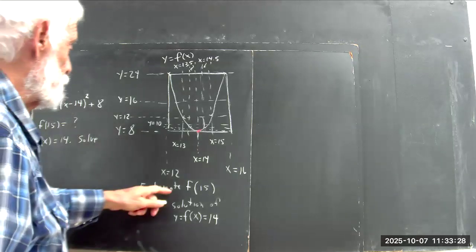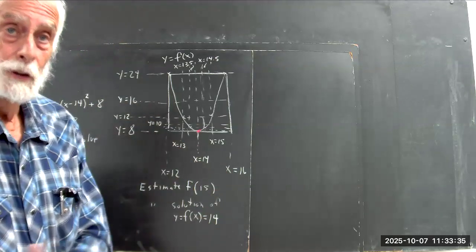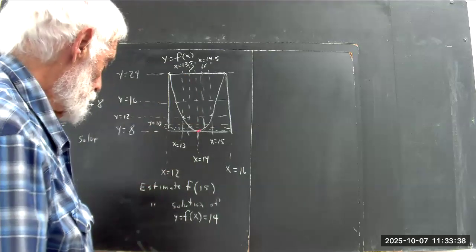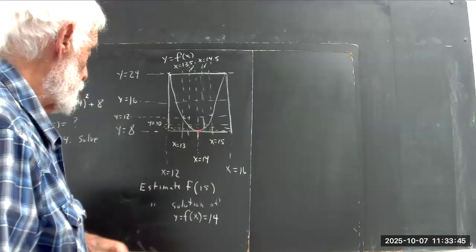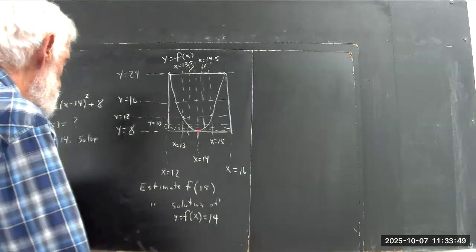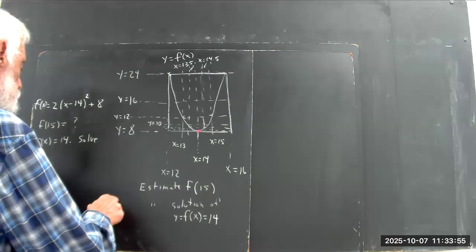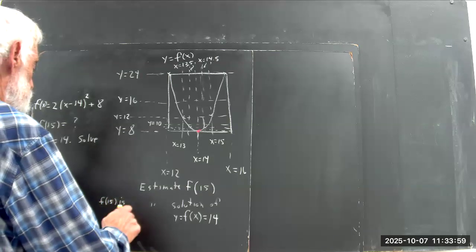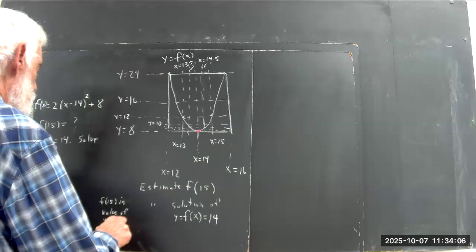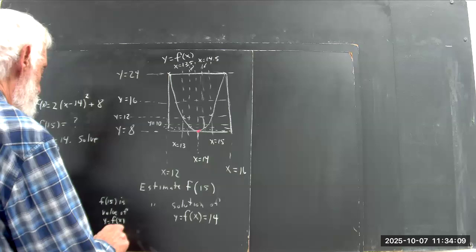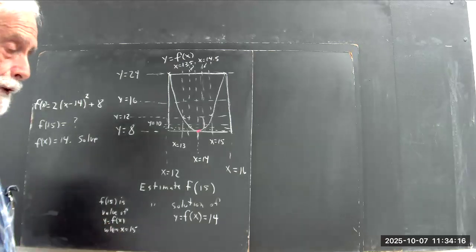Then I ask, estimate f of 15. Of course, I just gave you the boundaries, and you needed to use the geometry of this to figure out what the numbers are, because you need to be able to relate to the numbers. f of 15 means the value of y equals f of x when x is 15.